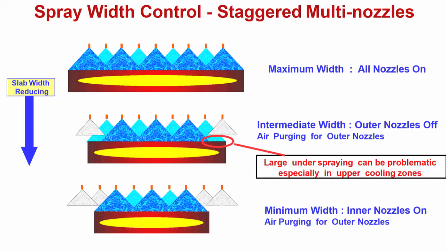If you are using a narrow slab, relatively less wide, you can use narrow or intermediate width spray, but for that you must have separate control of water on the sprays.